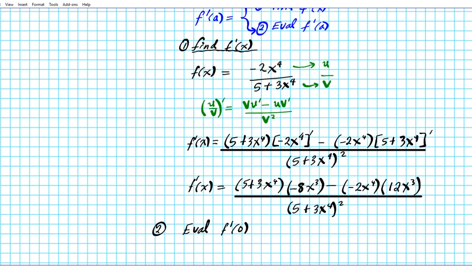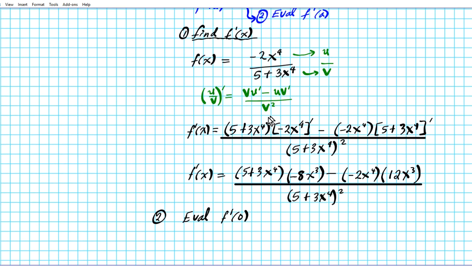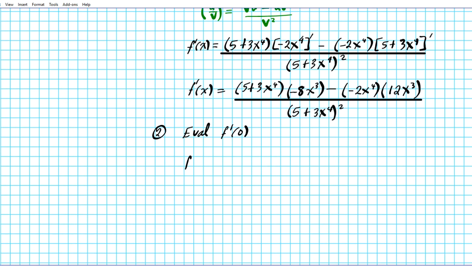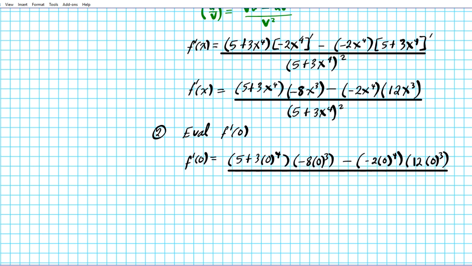We're going to have f prime of 0 is quantity 5 plus 3 times 0 to the fourth times negative 8 times 0 to the third minus negative 2 times 0 to the fourth times 12 times 0 to the third, and that entire thing divided by quantity 5 plus 3 times 0 to the fourth squared.